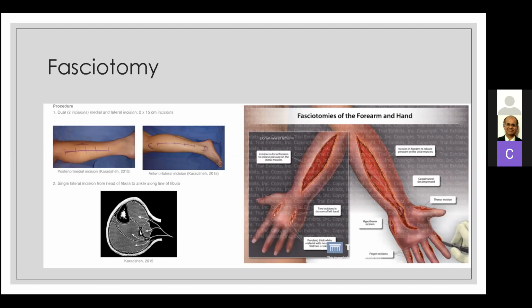This doesn't depict the actual lazy S well, but the important part is that you also need to decompress the carpal tunnel, and then the dorsal forearm as well to decompress those muscles. And then this also shows the hands. The hand has 10 compartments that you also need to decompress depending on where the compartment syndrome is.